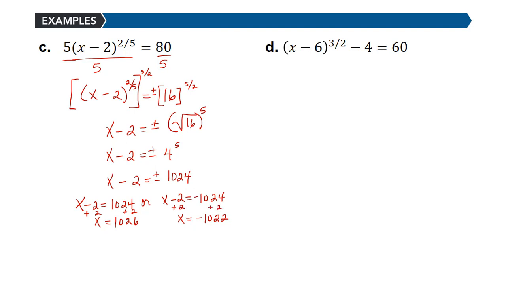And the reason we get two solutions is because when we substitute these values back in, we'll just check. Let's check with the -1022. 5 times (-1022 - 2) to the 2/5. And we want to find out, is this equal to 80?